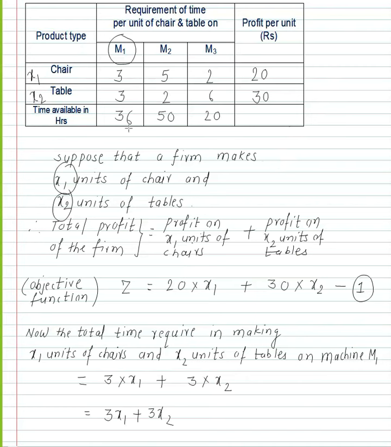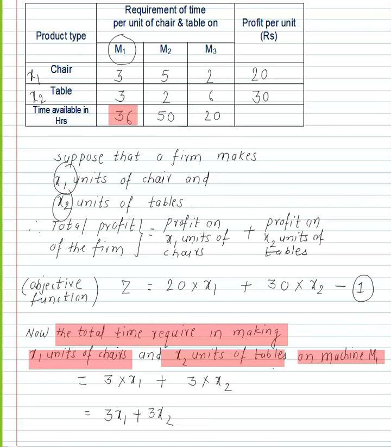Now note that on machine M1 36 hours are available, and this is the total time required in making x1 units of chairs and x2 units of tables on machine M1. So this time on machine M1, which we are using to manufacture x1 units of chair and x2 units of tables, should not be greater than 36 hours.